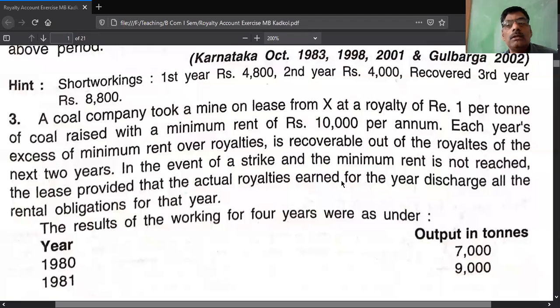Whatever royalty is earned is considered as minimum rent. Okay. Minimum rent for the year of strike is nothing but royalty of that year. Royalty of that year itself is the minimum rent. Okay. Remember this.